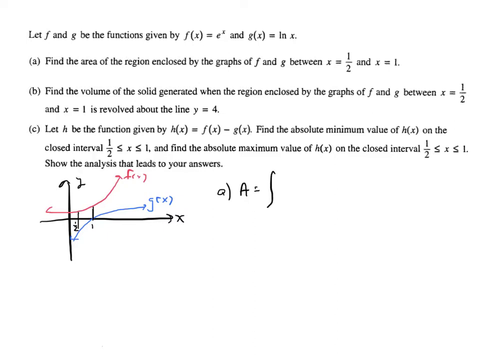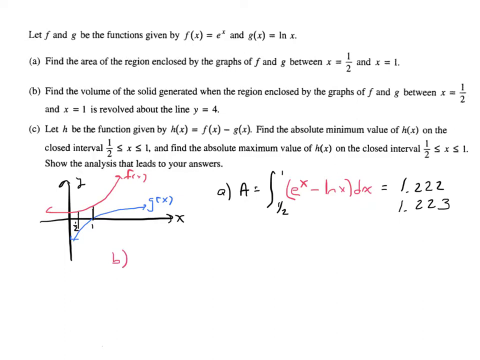So that would be the integral from 1/2 to 1 of the height of the rectangle, which would be pink minus blue, f of x minus g of x. And we use our calculator, and you should either get 1.222 or 1.223.